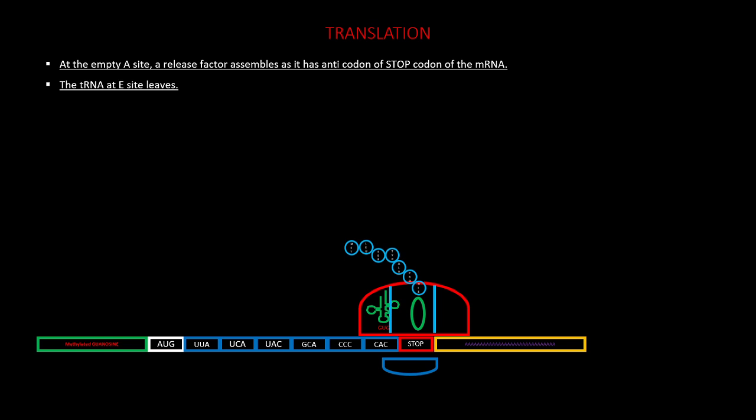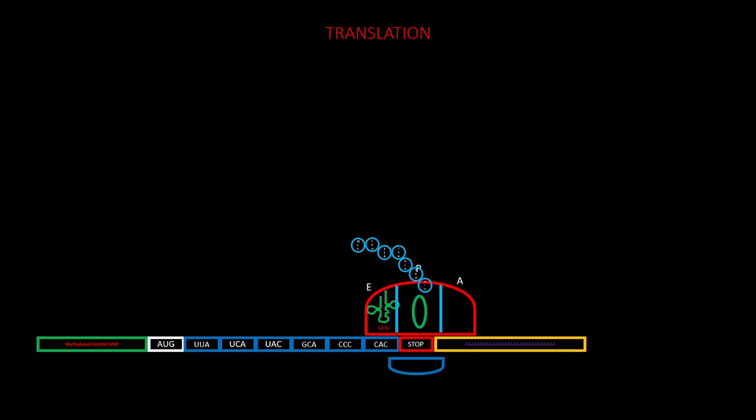Now the polypeptide chain, as you can see, is coming in contact with the release factor, but the release factor does not have any amino acid with it, so there will be no peptide bond formation here, resulting in the termination of the polypeptide chain. The empty tRNA leaves the E site, and eventually we can see that the polypeptide chain gets released.